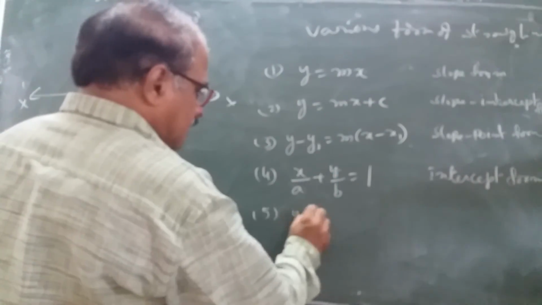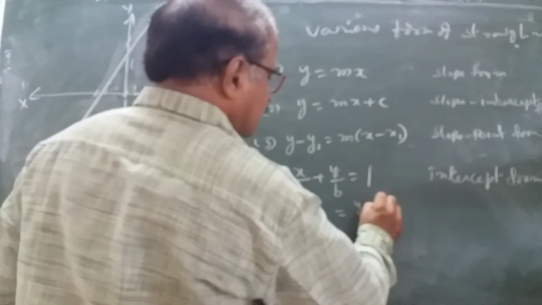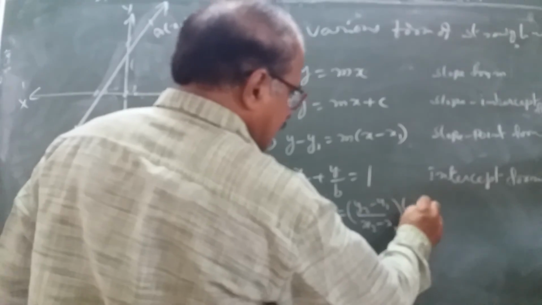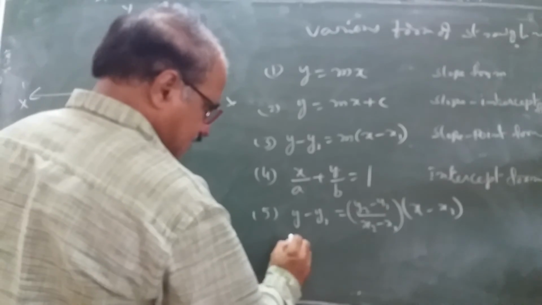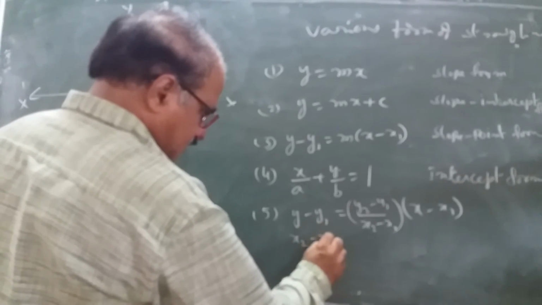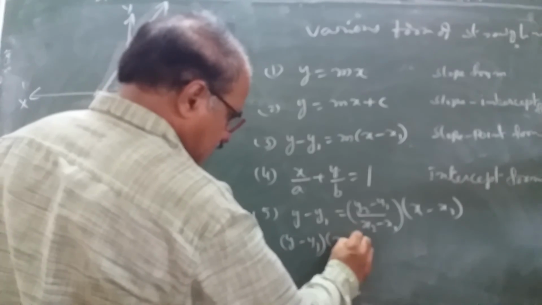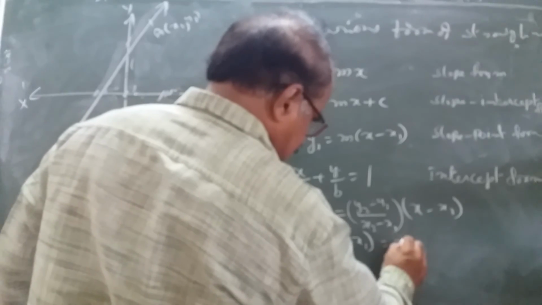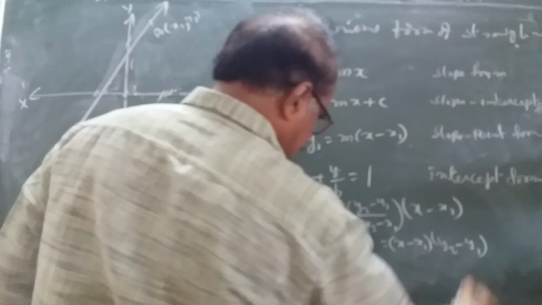What is there? y minus y1 is equal to, instead of m we can write (y2 minus y1) by (x2 minus x1) into (x minus x1). If we bring this to this side, (y minus y1) into (x2 minus x1) is equal to (x minus x1) into (y2 minus y1).